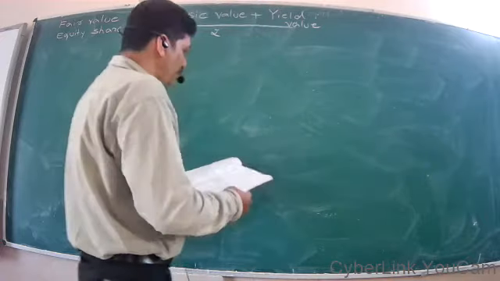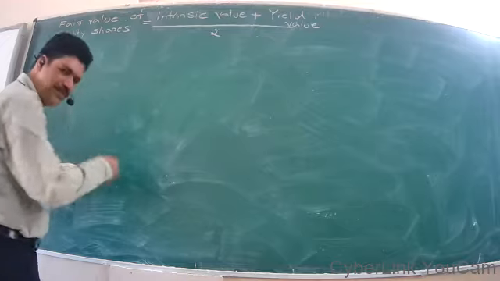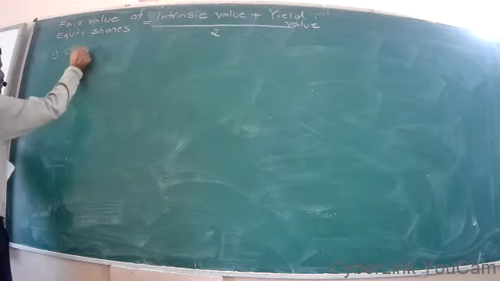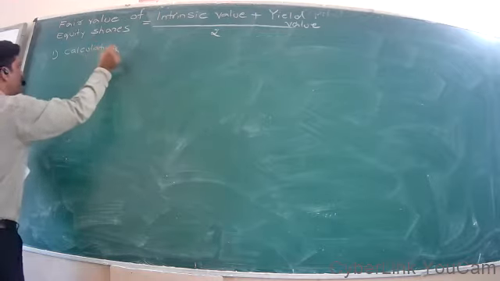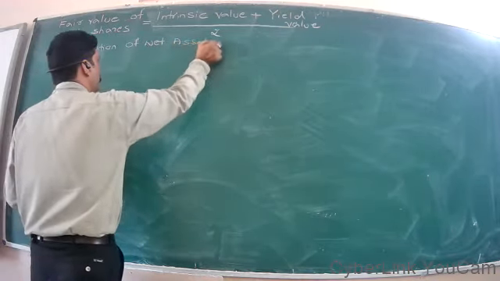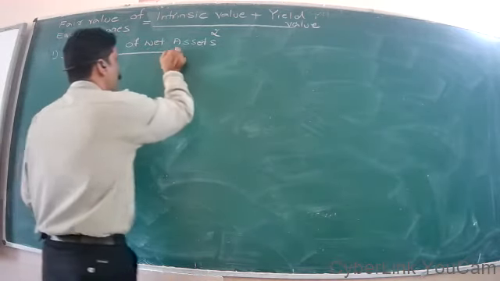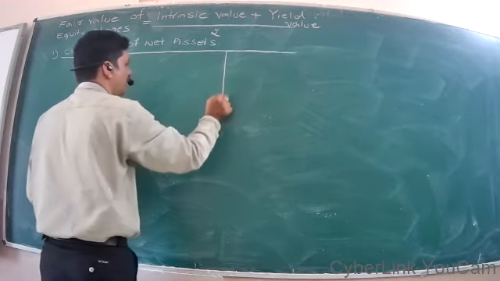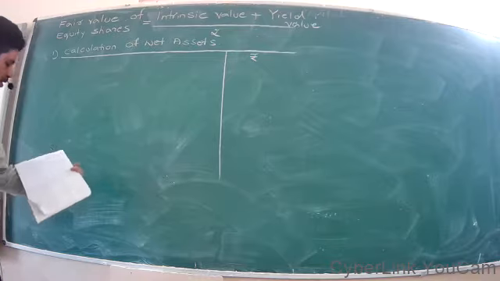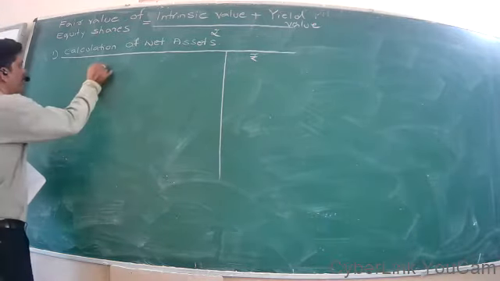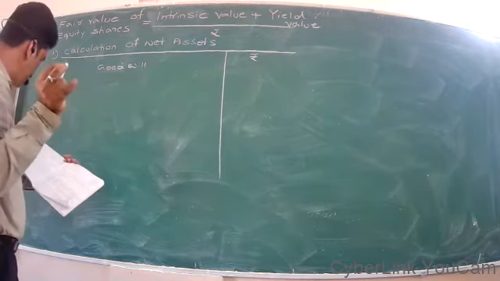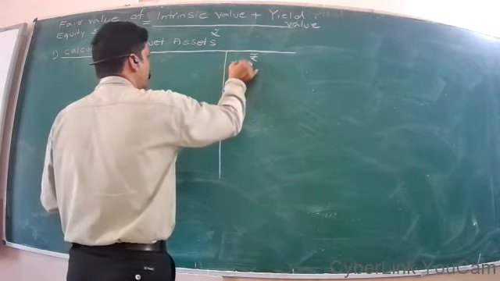So first, calculation of net assets, with particulars and amount in rupees, and one by one we'll take care of each item. Goodwill: take the information given in the adjustment, that is 70,000.